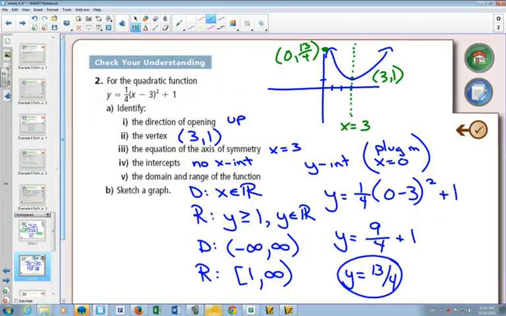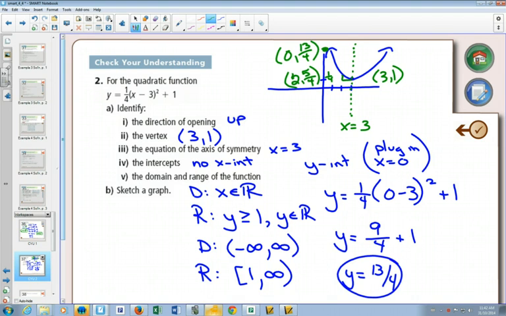And if I label that other point, my graph would now get full marks, because I've labeled a vertex and one other point. Maybe you want to use the over 1, up 1 idea. Since the a value is 1/4, though, you'd have to go over 1, up 1/4. And that would give you, here it would be 2 when I went over 1 that way. 1 plus 1/4 would be 5/4. So that would be another point you could possibly put on your graph to make it work out nicely.